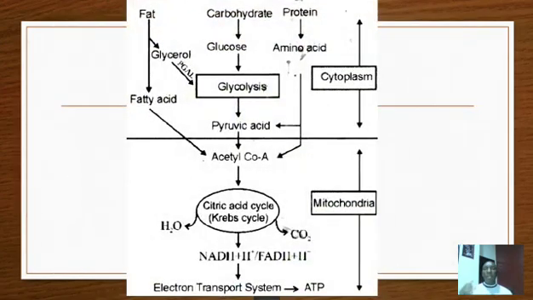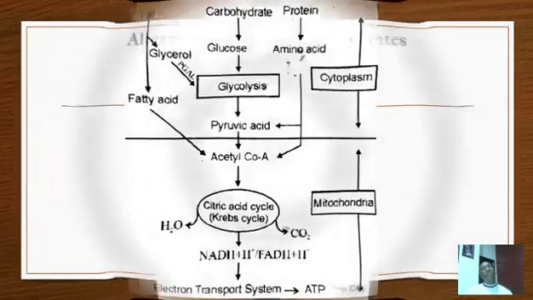I repeat, proteins are broken down by protease enzymes forming amino acids, which then undergo deamination, removing the amino group, which is lost either as urea, ammonia, or uric acid, depending on the organism. Then what remains is used to form pyruvic acid or to form acetyl-CoA. When it forms acetyl-CoA, it is then fed into the Krebs cycle, thereby generating energy.